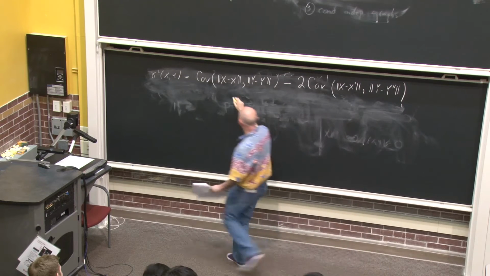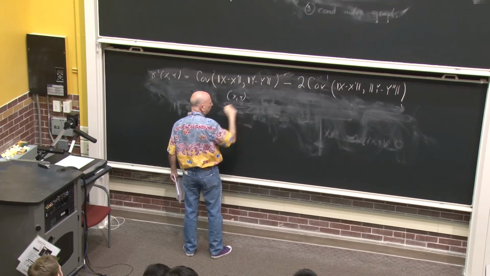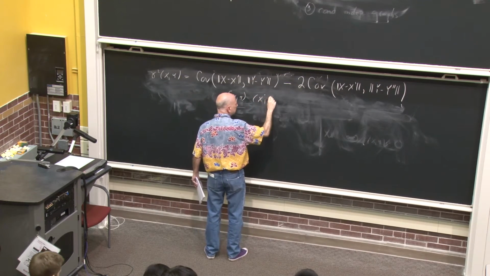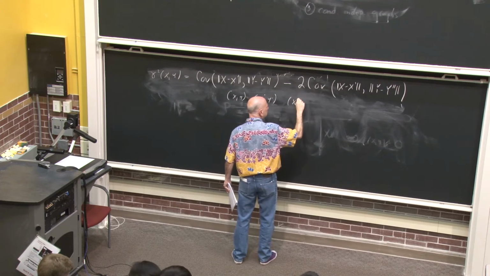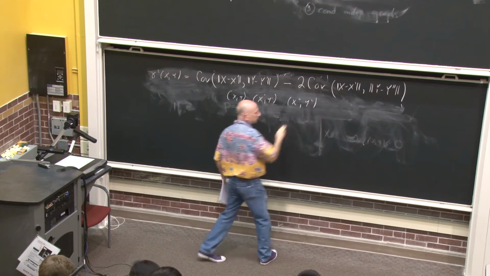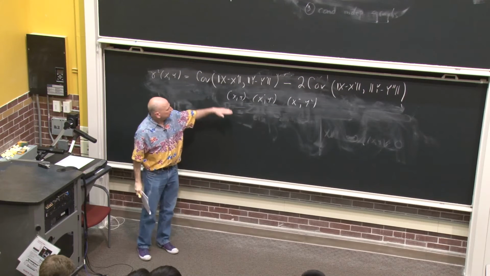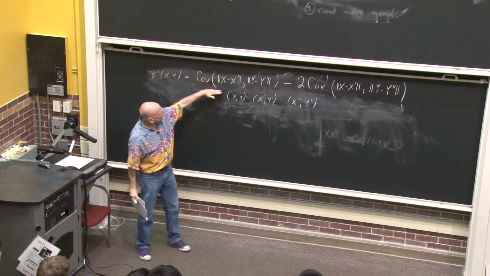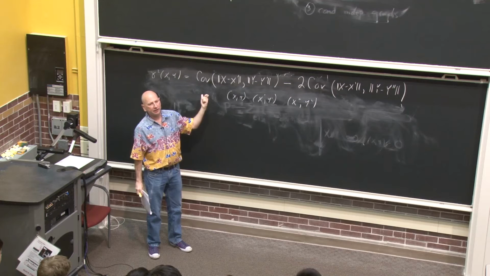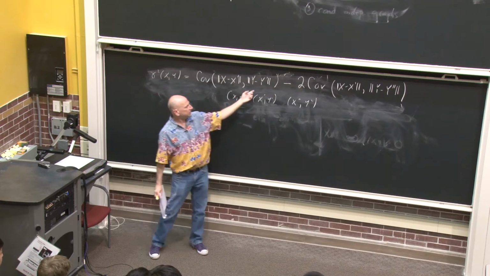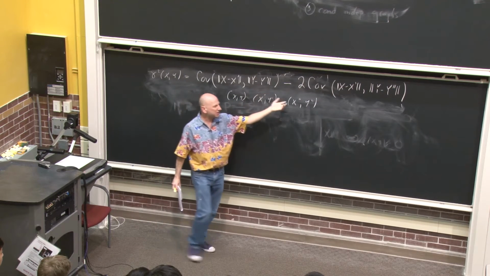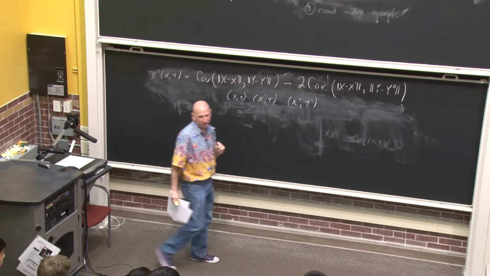Okay, so what we've got here is, this is one draw from the distribution. This is a second draw. And this is a third draw. And what we're looking at is the distance between a typical pair of draws in the x space and a typical pair in the y space. And then there has to be some sort of correction factor, it turns out.